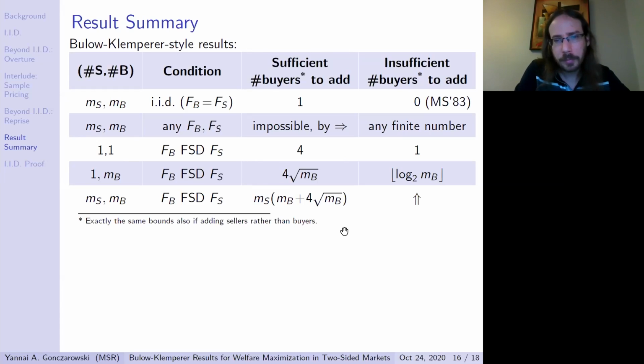So in a sense, it's less surprising that you can do something. Usually you think about it as a trade-off between improving your market just by adding 1 more or a few more, but here it is multiplying the market by 5. That's true, but for a large market size, 4 times square root of MB is much less than multiplying.